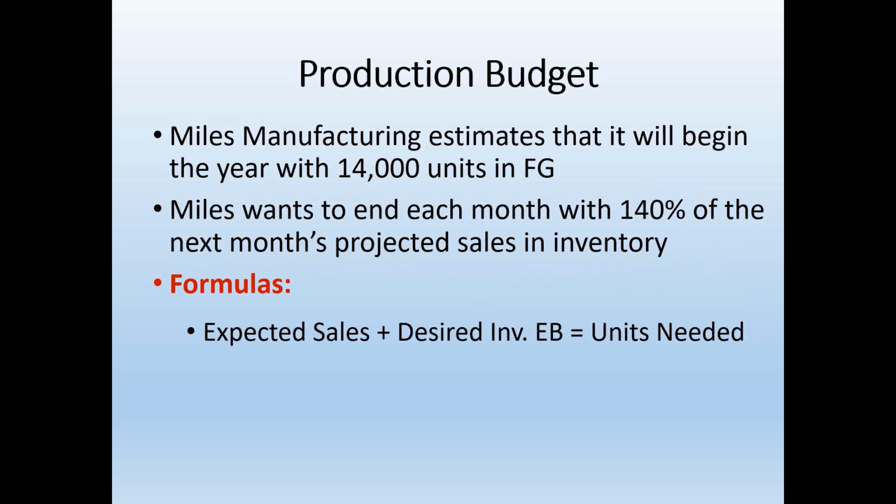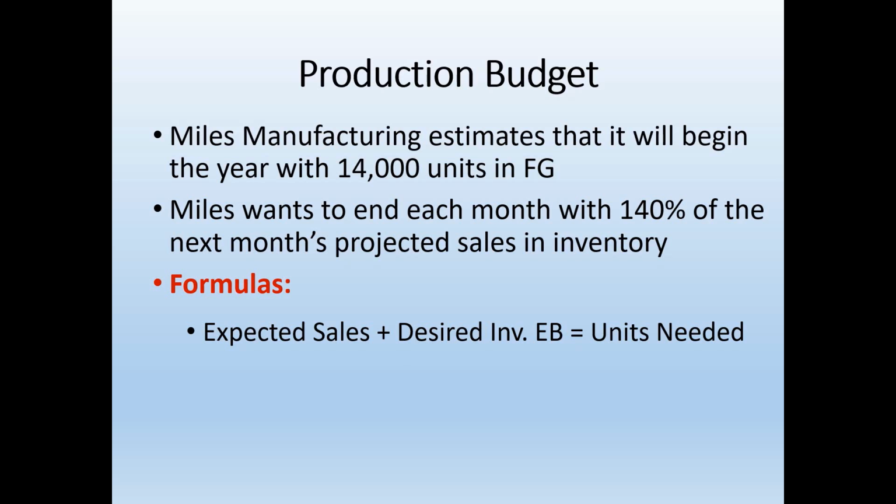We need some formulas to help Miles Manufacturing figure out how many units to produce. The first formula is that the amount of expected sales in a given month plus the desired ending inventory balance at the end of the month equals the total units needed.